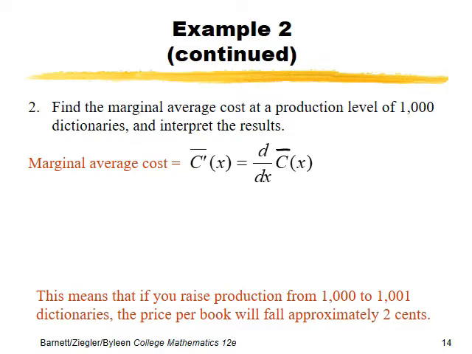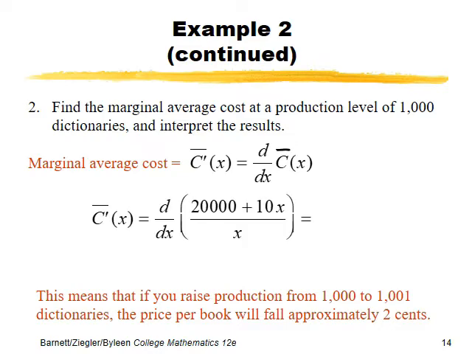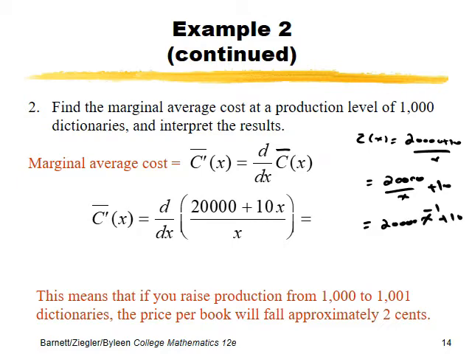So first we convert the cost function into the average function, which is dividing the whole function by x, which is 20,000 over x plus 10. Now we take its derivative: we move x to the numerator, so it becomes minus 20,000 x raised to power minus 2, and the derivative of 10 is 0.